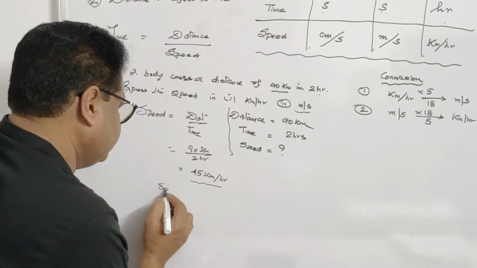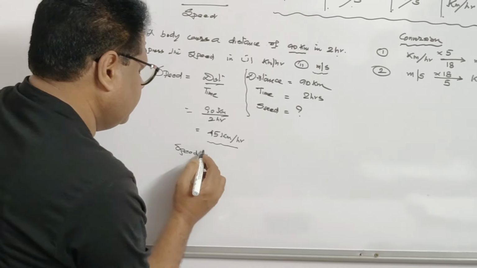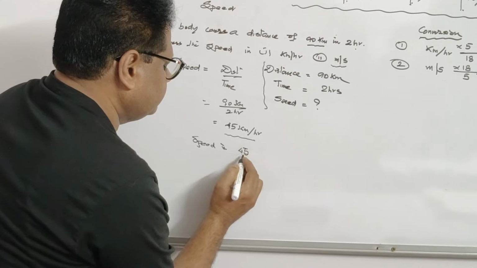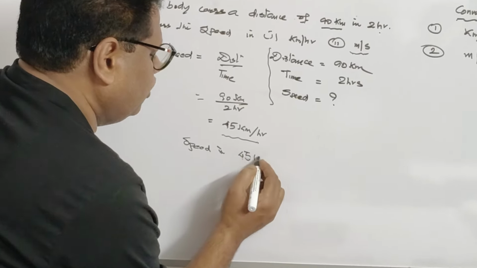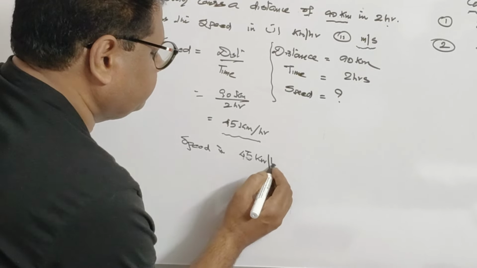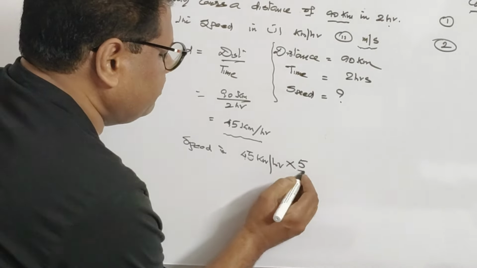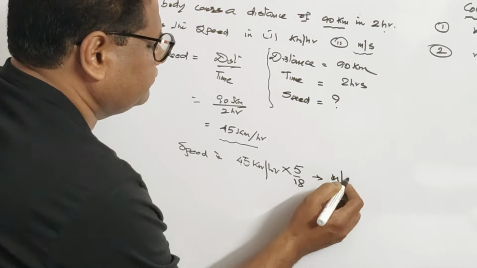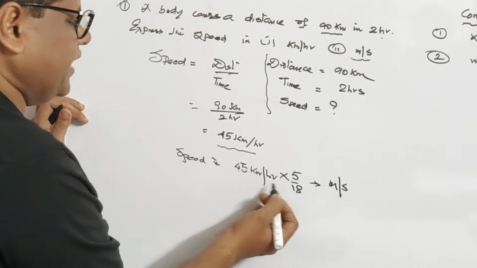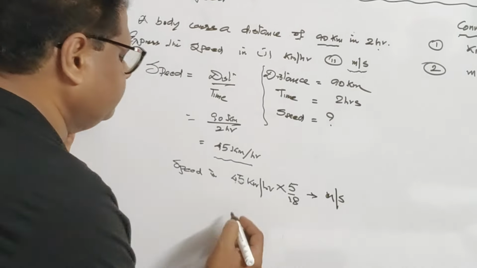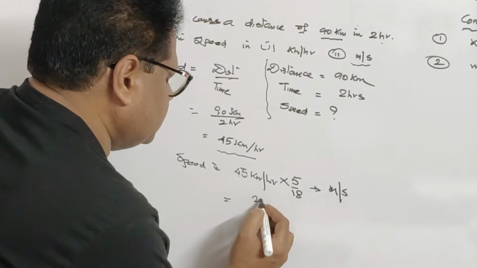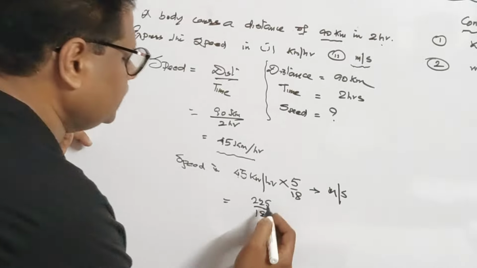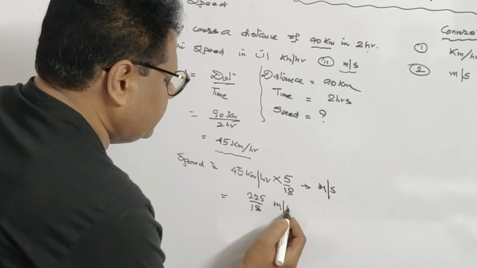So speed in kilometer per hour is 45 kilometer per hour. Multiply this by 5 by 18, you will get this in meter per second. So directly you can convert this. Clear? So the answer is 225 by 18 meter per second.